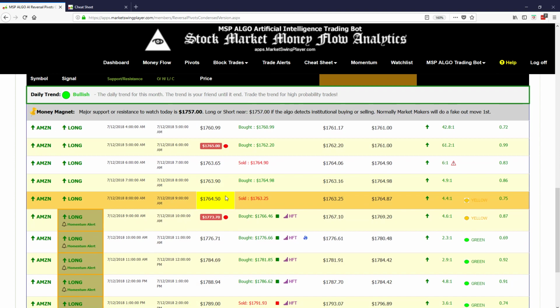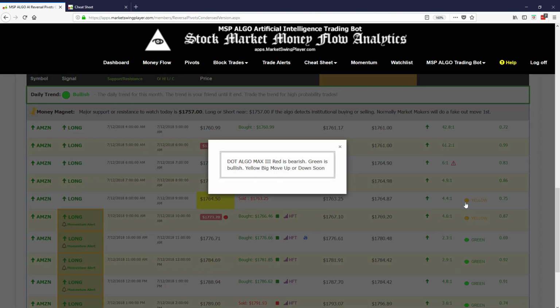Okay, so I know the market is going to open up at 0930, normal market hours. This is pre-market, and I'm starting to see some .algo max 3 alerts here, information alerts, and it says yellow, big move up or down soon.